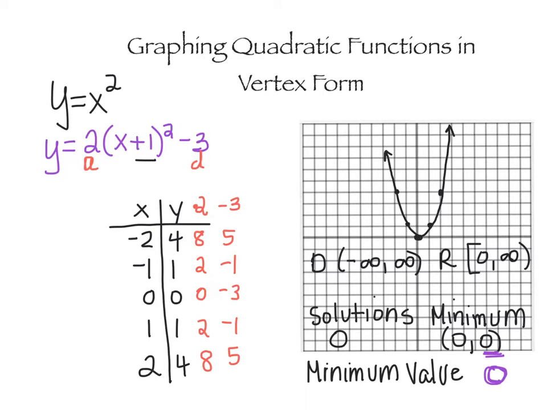So I'm going to do the opposite of this to all my x's. And now I'm going to plot my new transformed inputs and my new transformed outputs and see what I get.